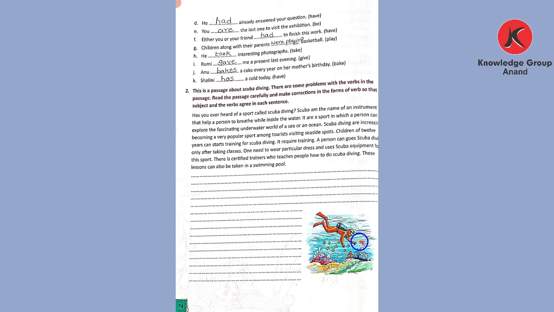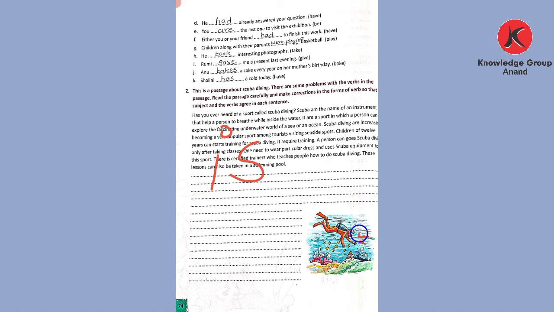Okay. Here it is written are, but we have to use it is a sport in which a person can explore the fascinating underwater world of a sea or an ocean.